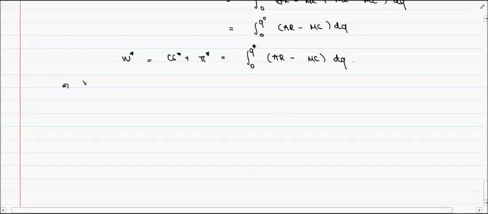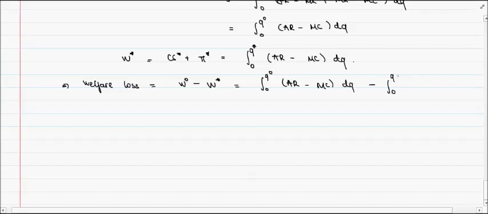Therefore the welfare loss is going to be the difference between the socially optimal level of welfare and the monopoly welfare. So it's going to be the integral from 0 to q0 of AR minus MC dq, minus the integral from 0 to q star of AR minus MC dq.